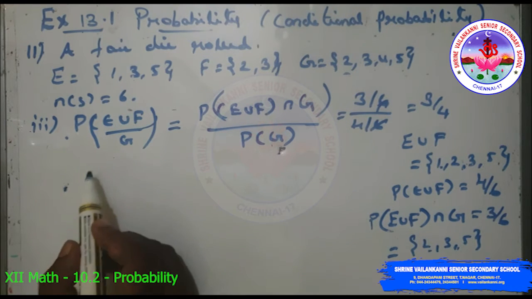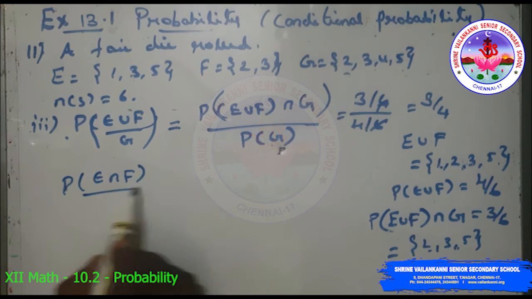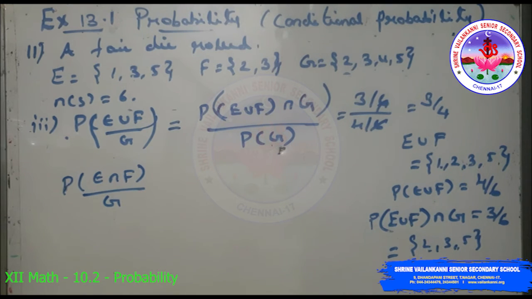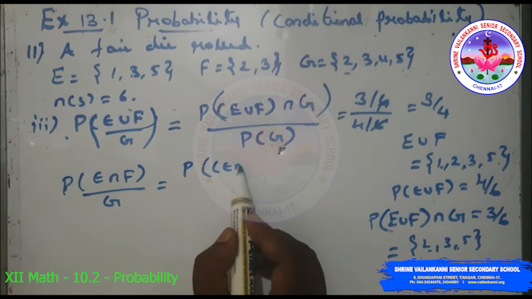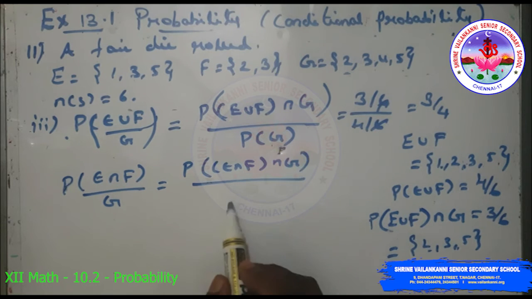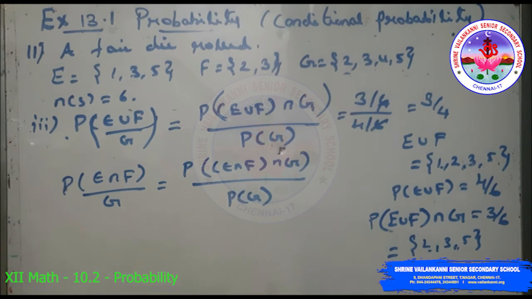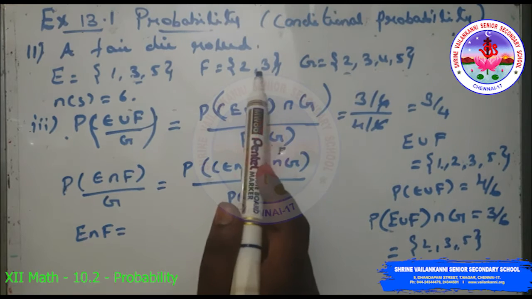Next we have to find P(E intersection F | G). So P(E intersection F intersection G) by P(G). E intersection F is 3, the common element.